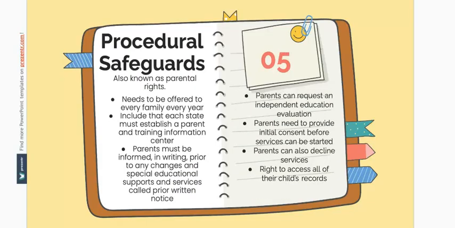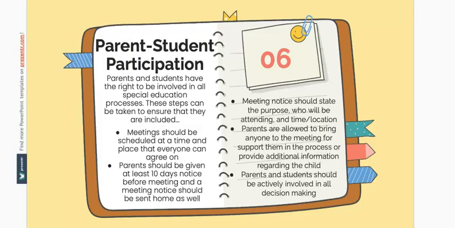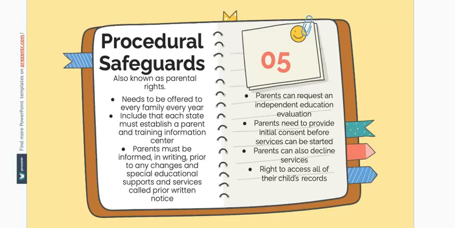Next is procedural safeguards, also known as parental rights. These need to be offered to every family every year. Each state must establish a parent training and information center. Parents must be informed in writing prior to any changes in special educational supports and services, called prior written notice.